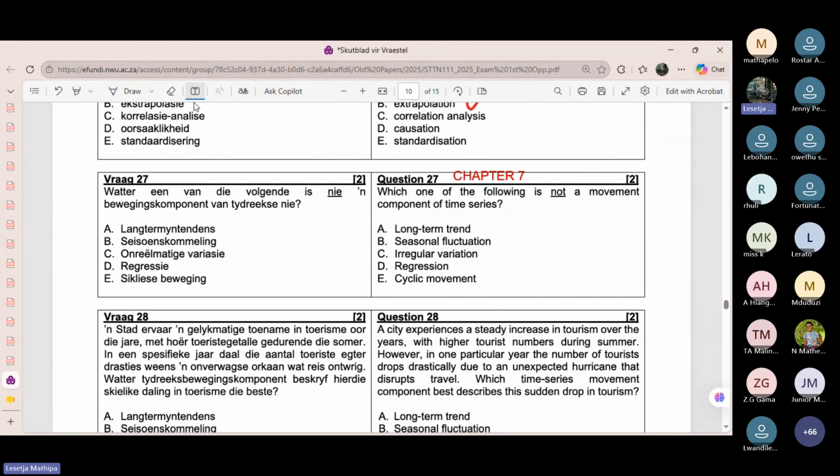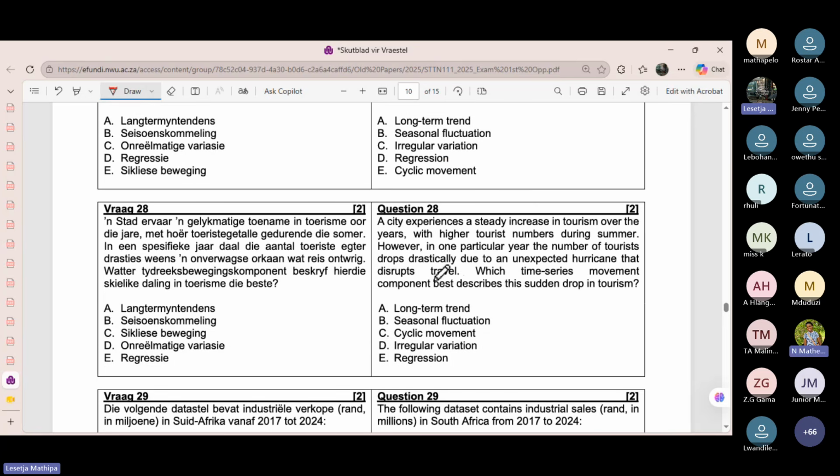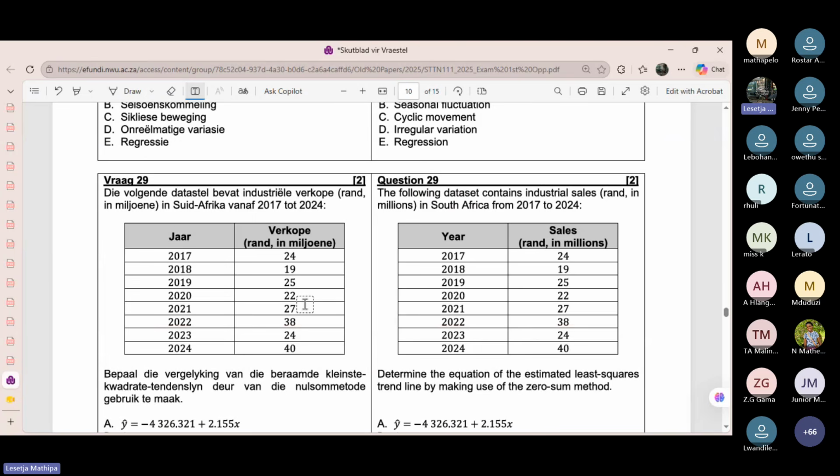So, this is theory questions. Question 28, long-term trend, regular. This one is movement components, chapter 7. Let's go to question 29. Question 29, chapter 7, time series. I'm going to focus more on the calculations.